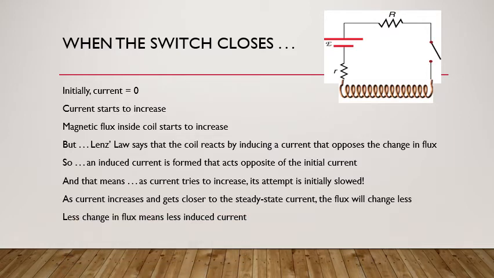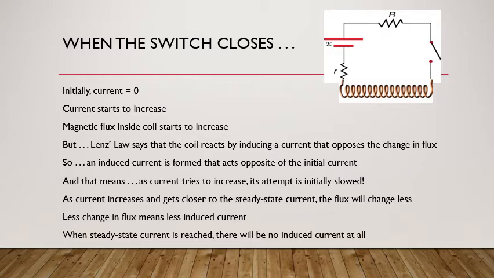If there's less change in flux, we're going to have less induced current, like I said. And eventually, you'll reach that steady state current, a current that just depends on the resistances and the voltage of the battery. Well, there will be no change in flux then. That solenoid will behave like a little magnet, and there'll be no induced current at all.